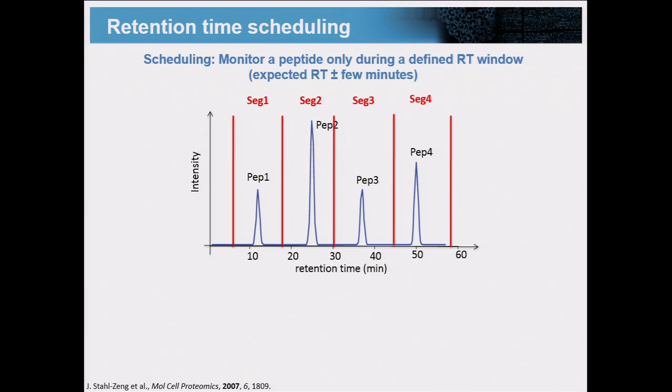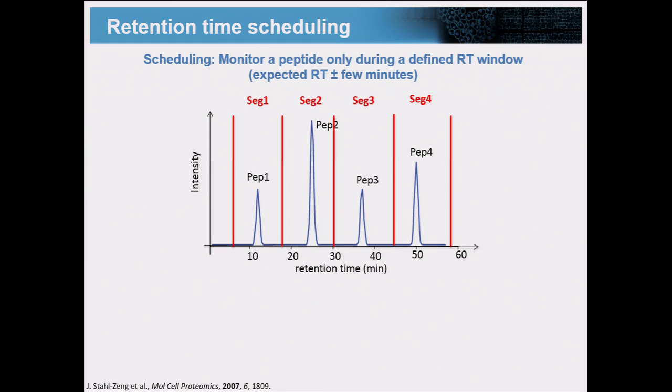The fact is we don't really divide the chromatogram into chunks. What we tell the machine is that this is the predicted retention time information, and we take a certain window around this retention time.